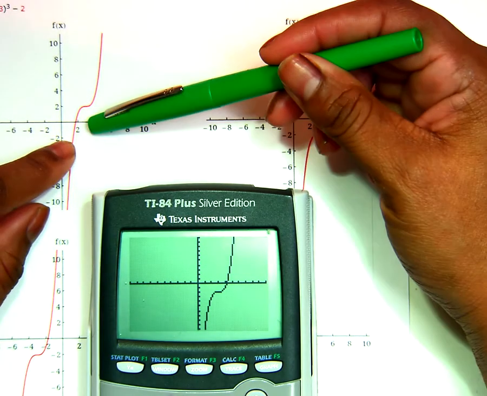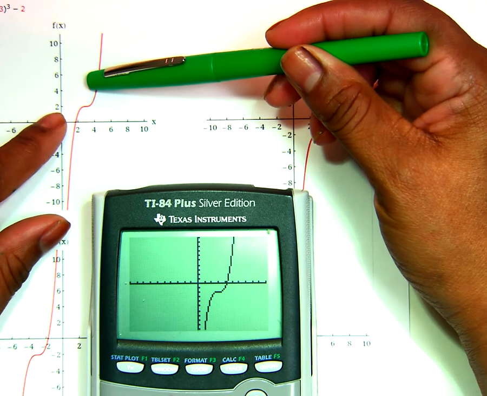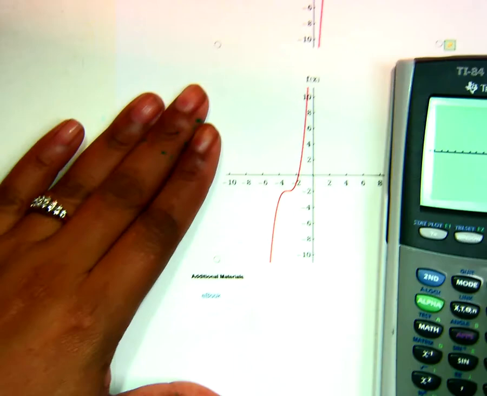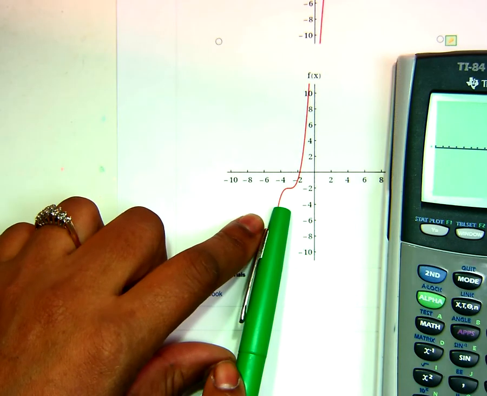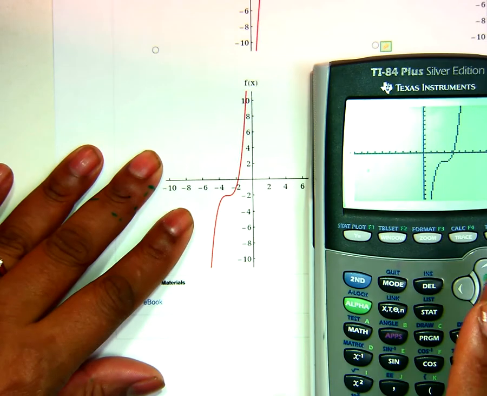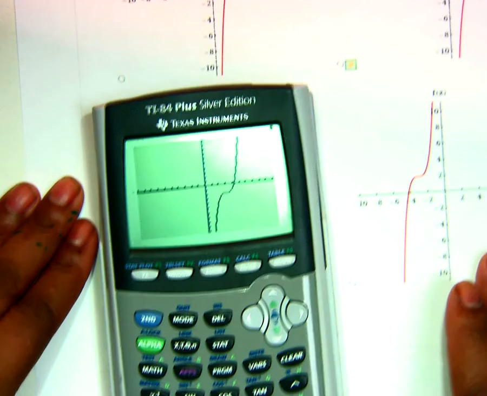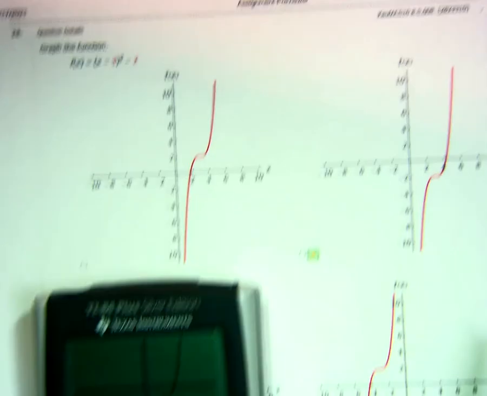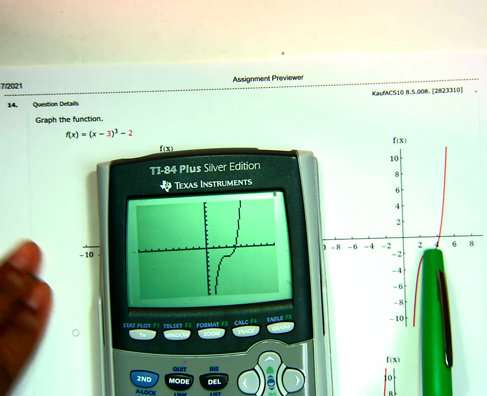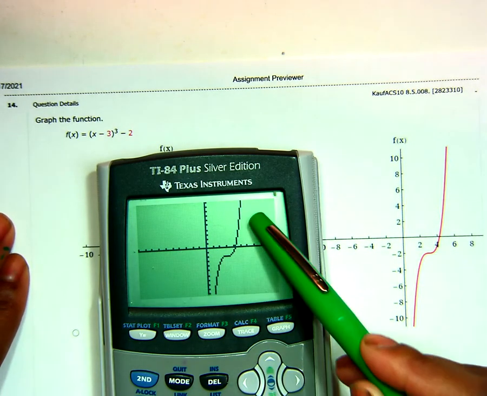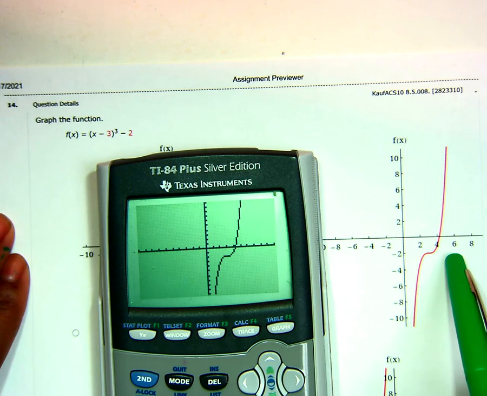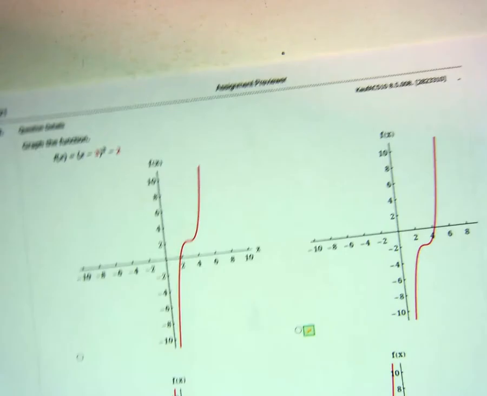Can't be that because that one's above the x-axis. Can't be this one because it's over here in the wrong quadrant. Can't be this one because again it's in the wrong quadrant. So what is left is this one. So notice how it also has an x-intercept of 4. That one is a 2.